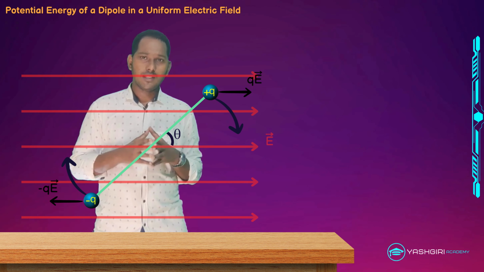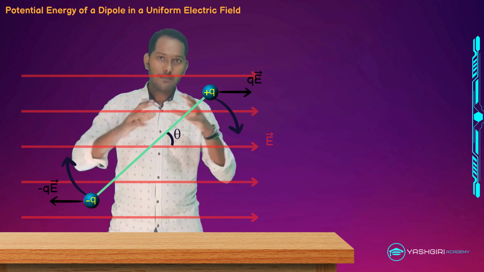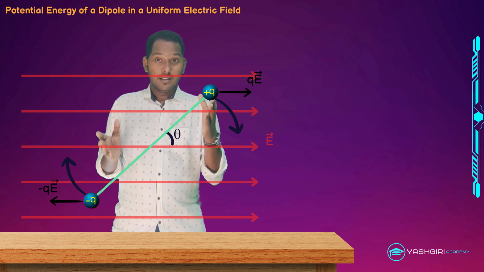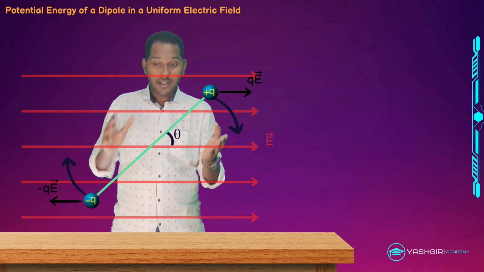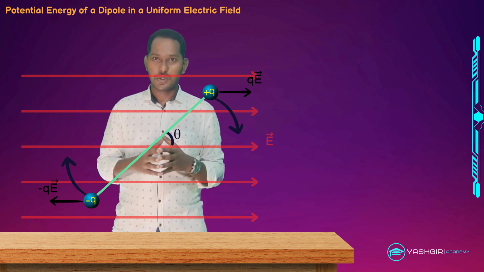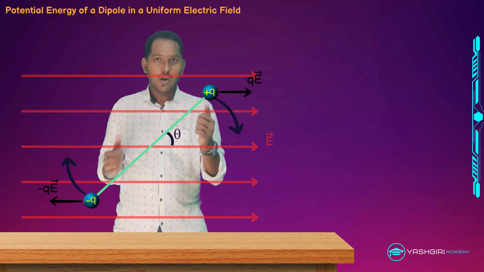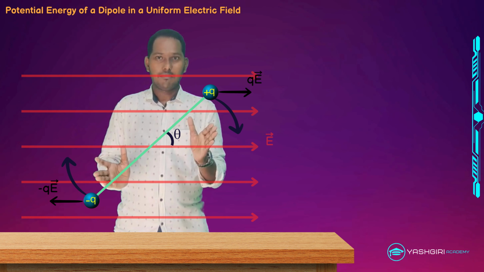Now here, students, let us say I bring some external torque such that it is going to neutralize the torque which is already existing on this dipole, which means I will be trying to move the dipole in the anti-clockwise direction, such that the external torque will be opposite to the torque which is already acting on this dipole.